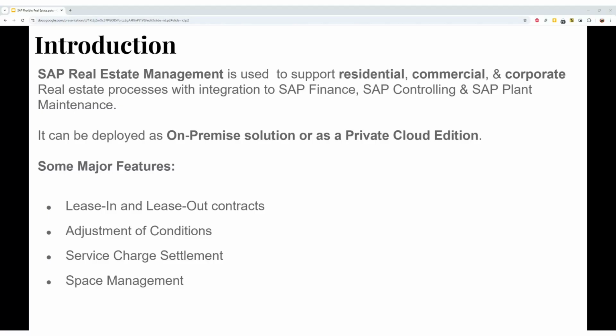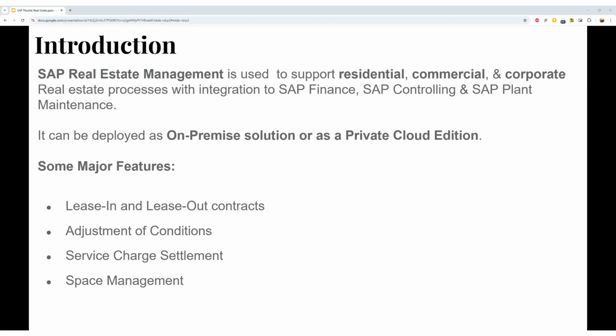Leasing contracts are essentially when, as a company, you lease a piece of land, a building, or some space in a building from a landlord, and so you manage those contracts. What are the payable dates and workflows essentially?